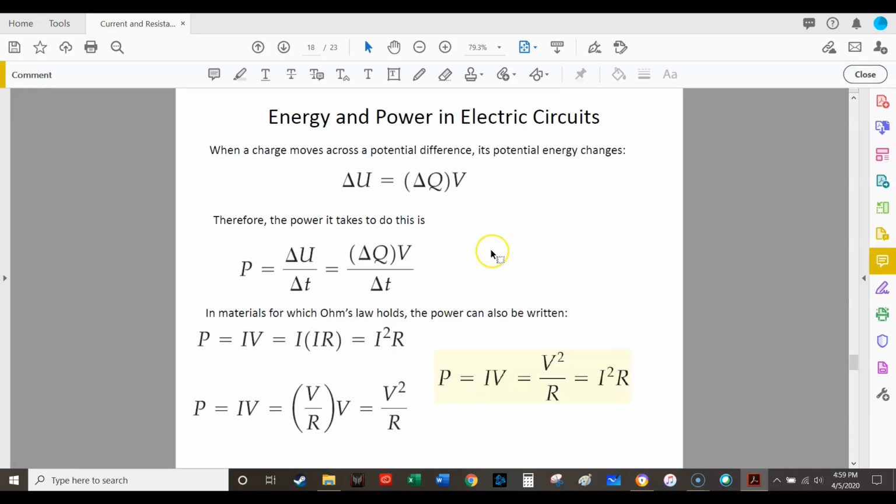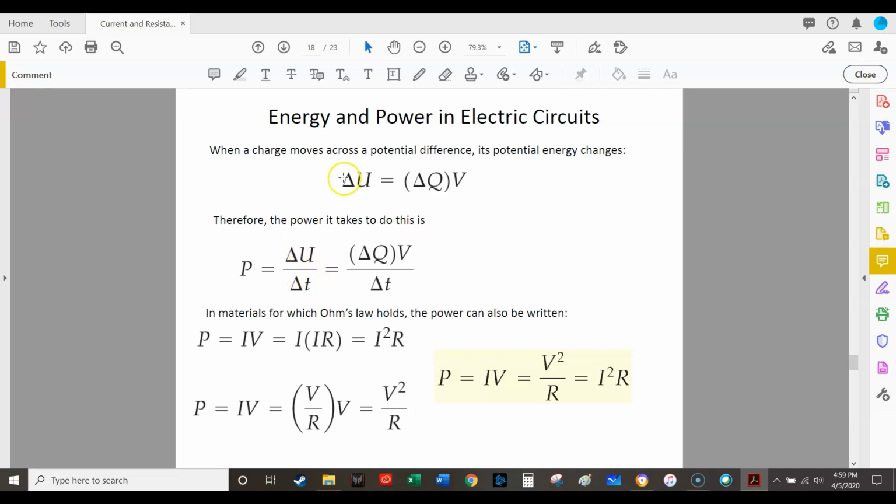Another thing that we should talk about while we're here is power, the relationship of energy and power to electric circuits. So as we talked about before, potential electrical energy that we learned in the voltage chapter is equal to Q delta V. Well, power, that we learned back when we were talking about energy in physics 121 and 111, is work over time.